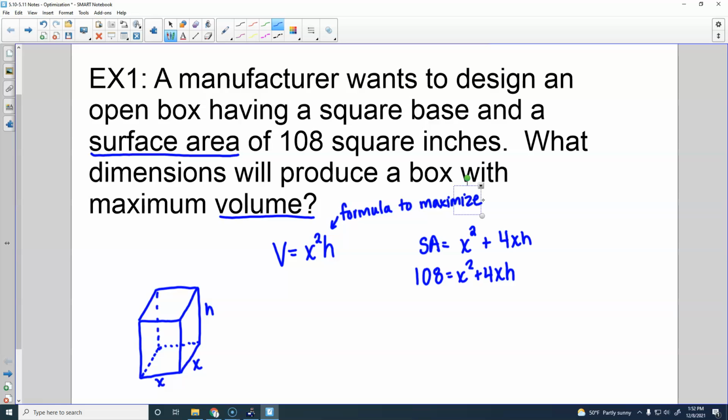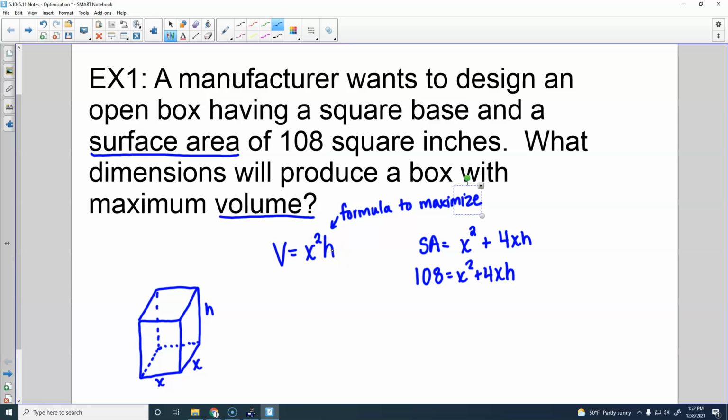Now, if I want to find the maximum of something, I take its derivative. I set its derivative equal to 0. I find critical points. I can test, right? But can I do that whenever my formula has an x squared and an h? I cannot.